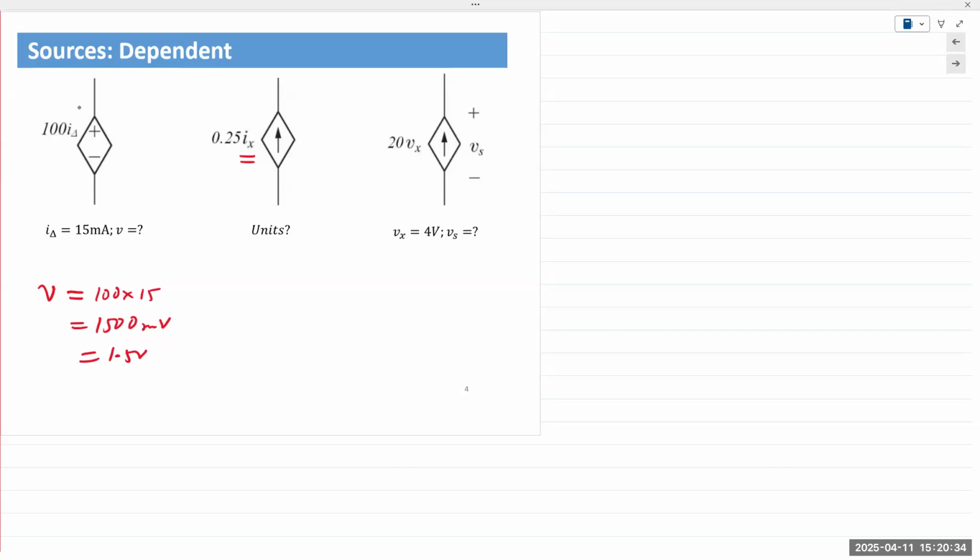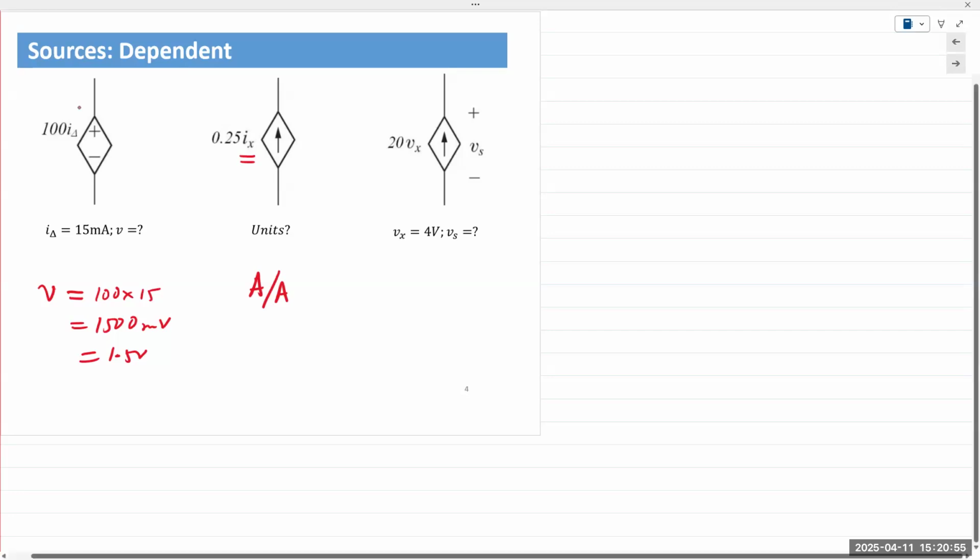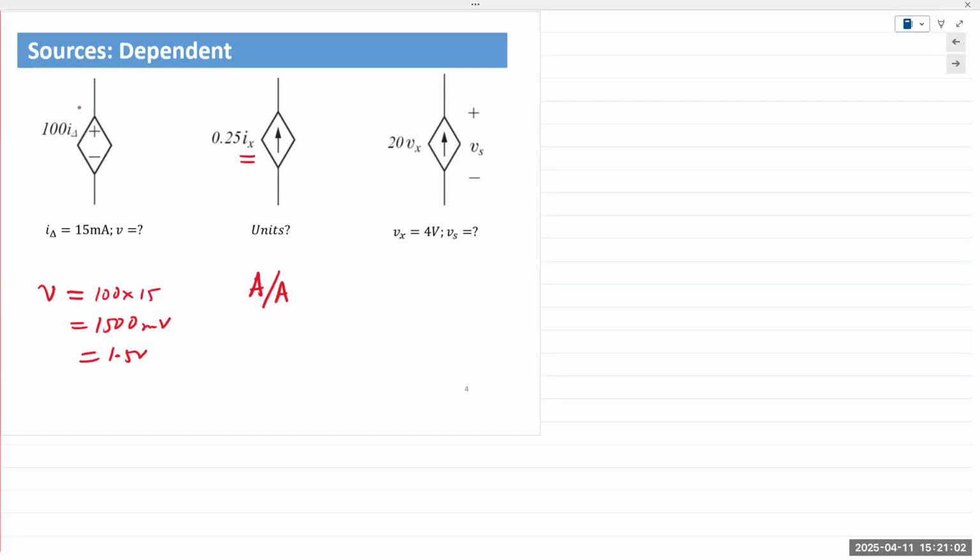So here the units would be amps over amps, because it's supplying 0.25 amps of current for every 1 amp of IX.